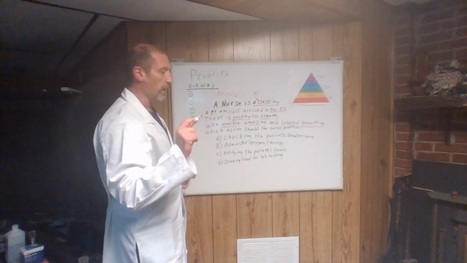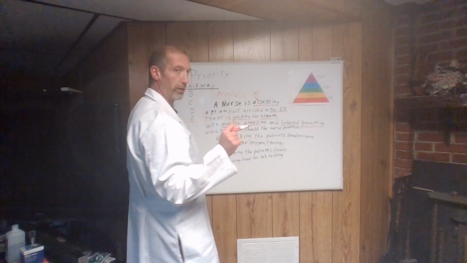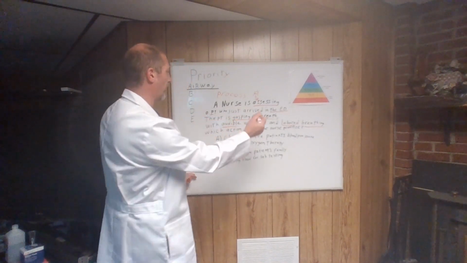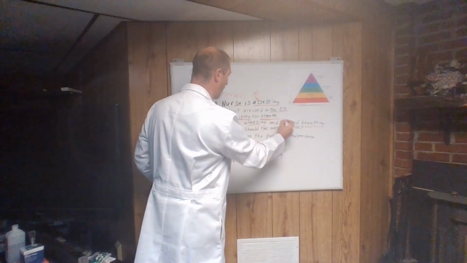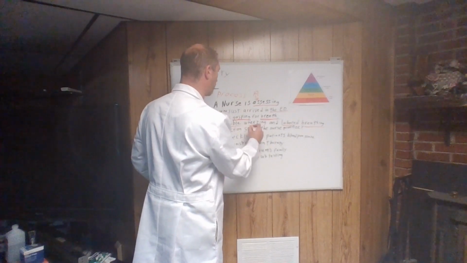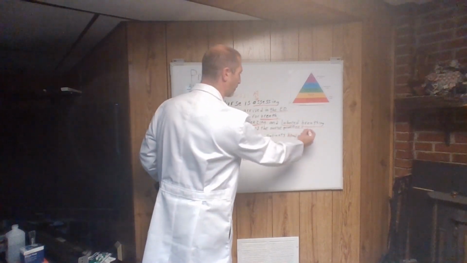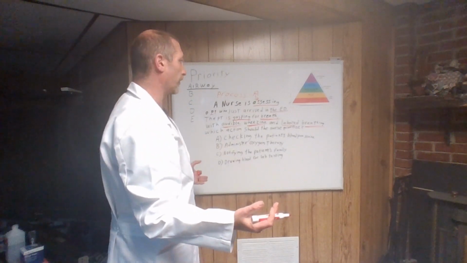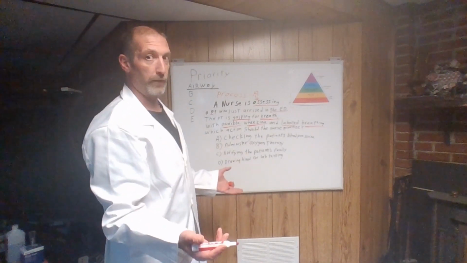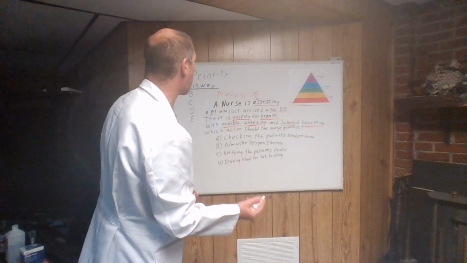However, we now need to start focusing our attention and shifting. Anytime we have a patient who is gasping for breath and they have audible wheezing and labored breathing, we should start to think that we're moving into priorities of ABCs, right?